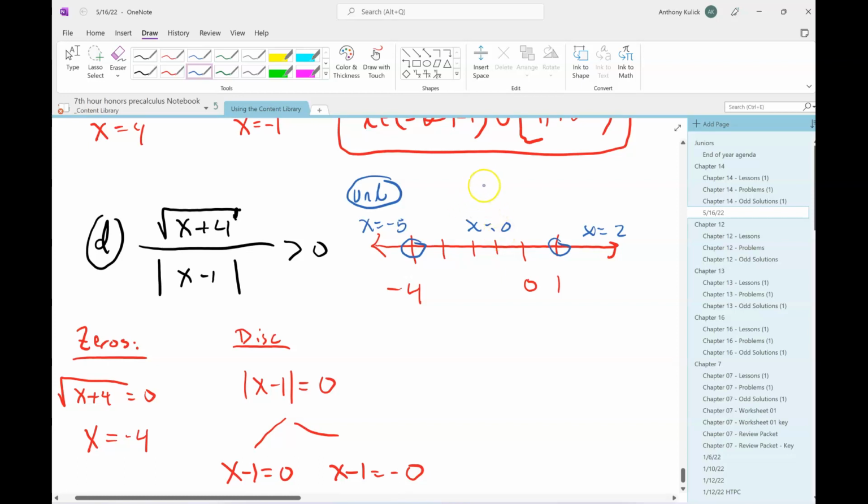Plug 0 in, I get 2 over 1, positive. If I plug 2 in, I get square root 6 over 1, positive. So that's my answer, right? So I can just write it like this.